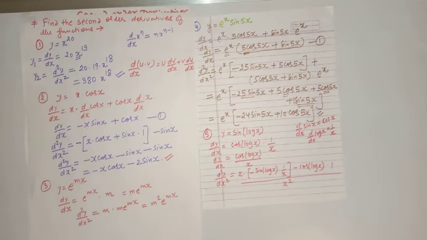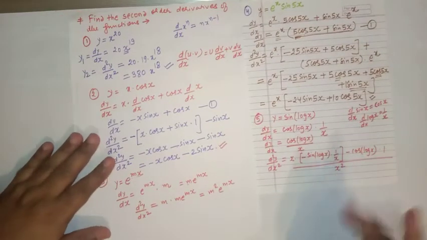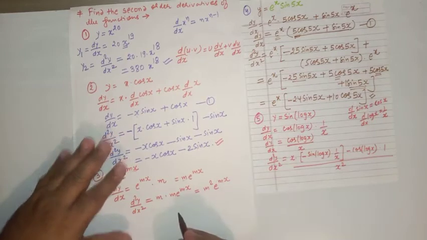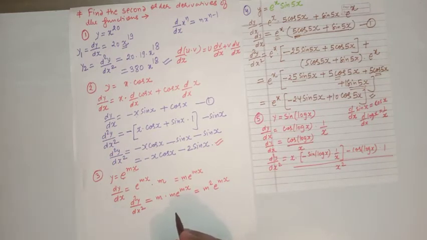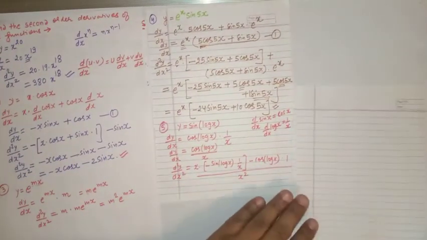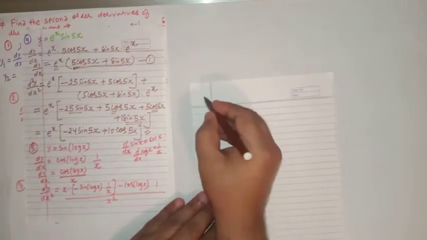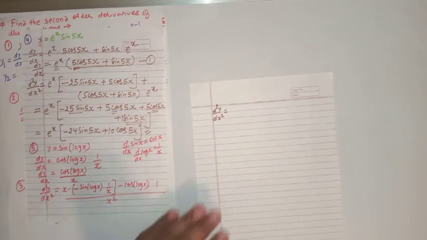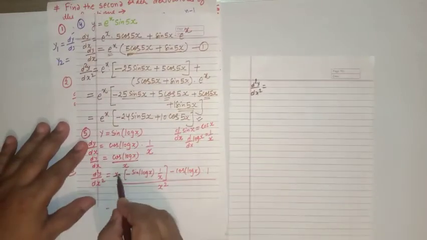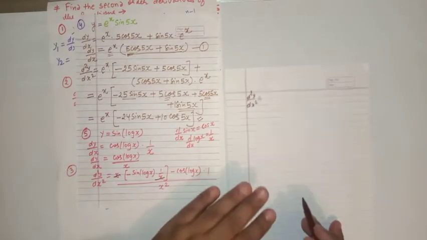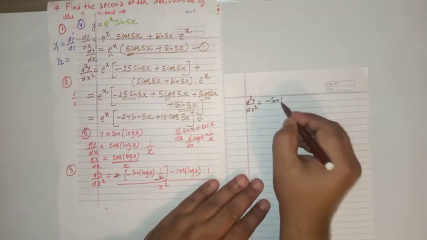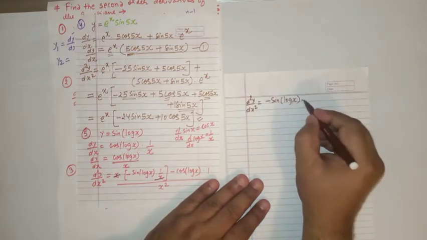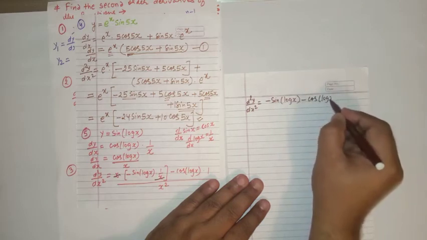Now if we simplify it, then we can write d2y over dx2 is equal to, here x and x get cancelled, so we have minus of sine log x, and here we have minus cos log x, right?